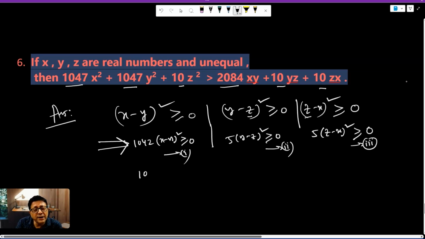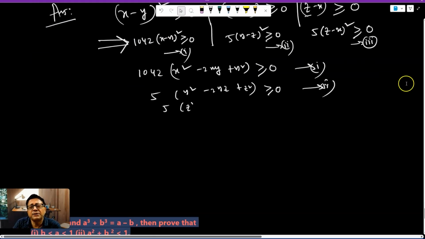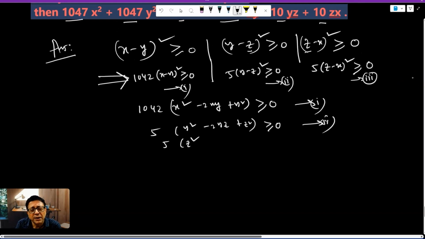So just expand and write 1042x^2 number 1, 5y^2 number 2, 5z^2, and 2zx plus x^2, this is number 3. Add all these.